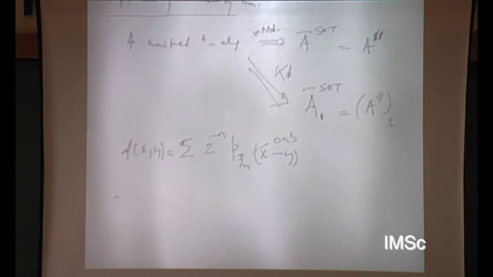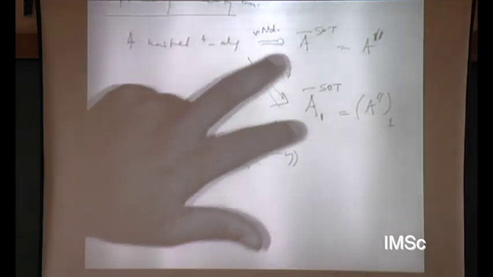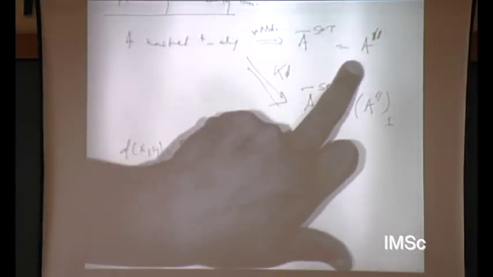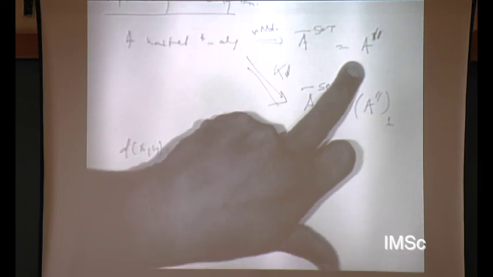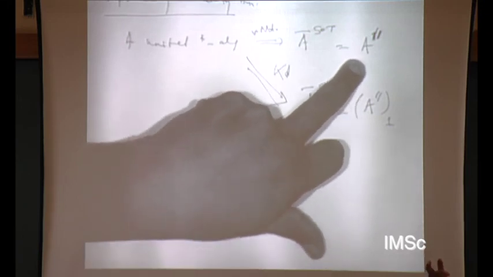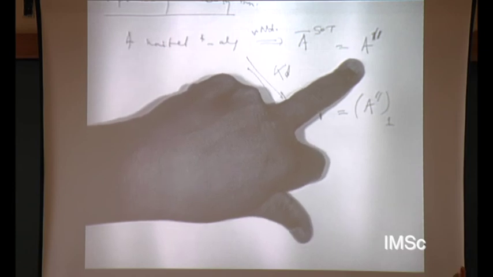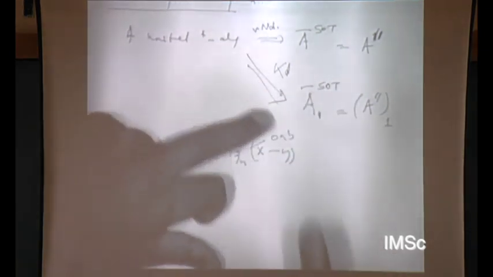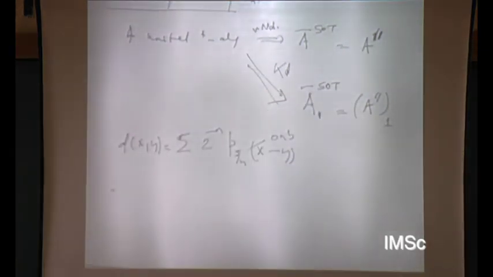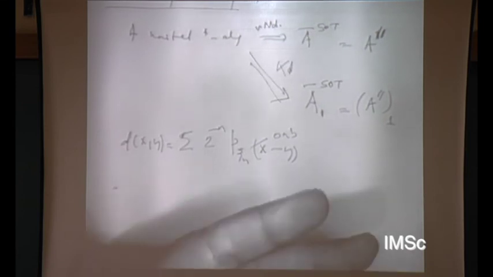So in fact, if you take something in A double prime, suppose it has norm 3, then you can take that over norm 3, which will be in the unit ball. You can approximate that in the SOT by a sequence of norm less than or equal to 1, and then multiply by a factor of 3.